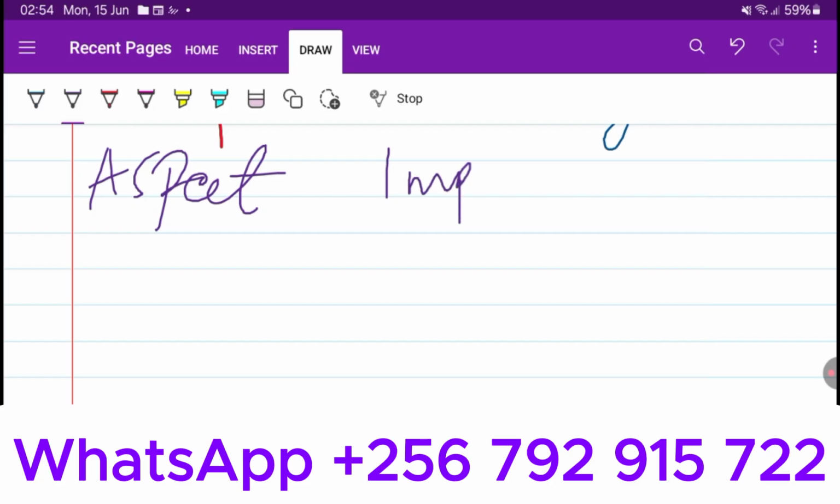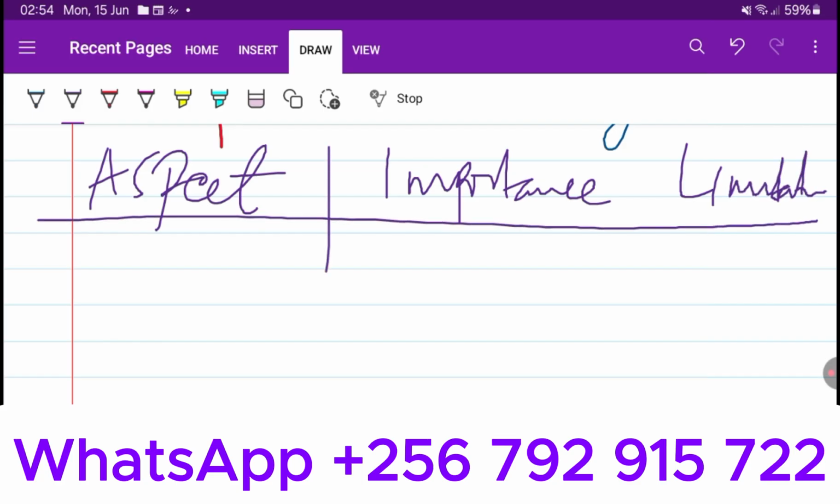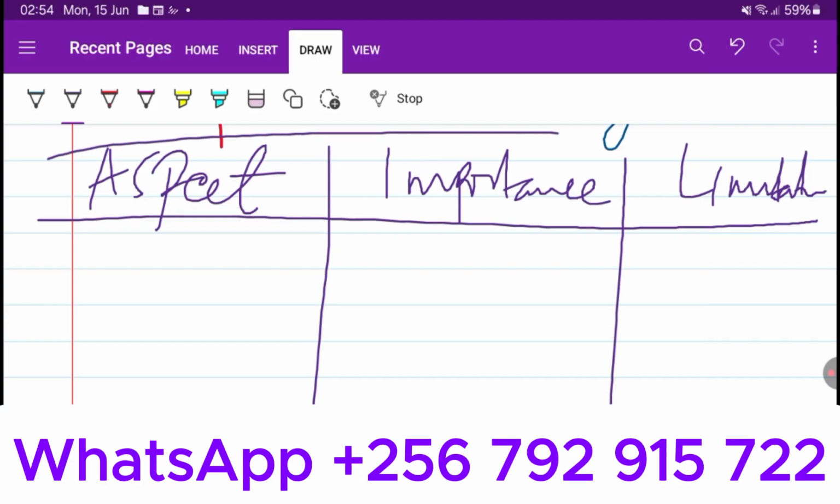Let's generate the importance, and maybe we'll look at the limitation of what we have discussed. We pick a given item, then we make some comparisons to aid our understanding of what we have so far discussed.